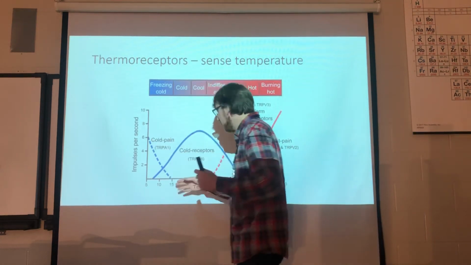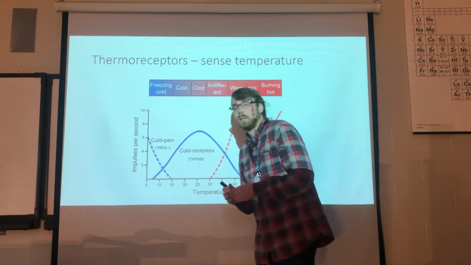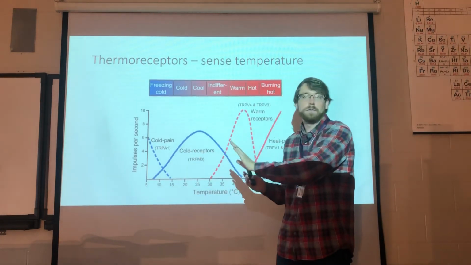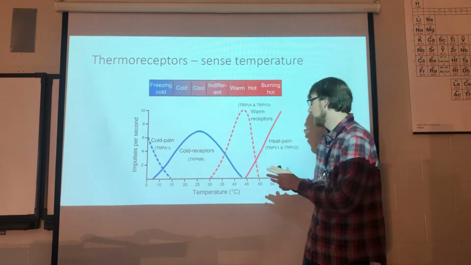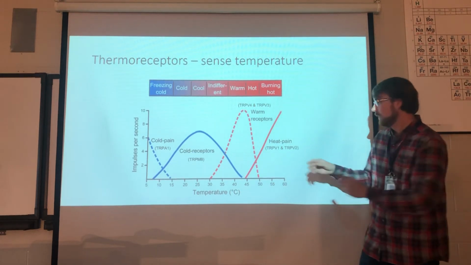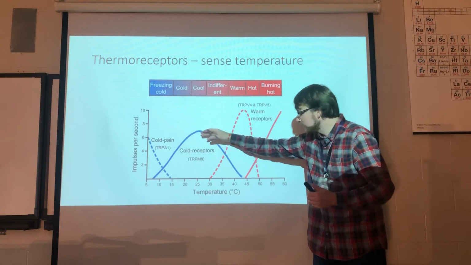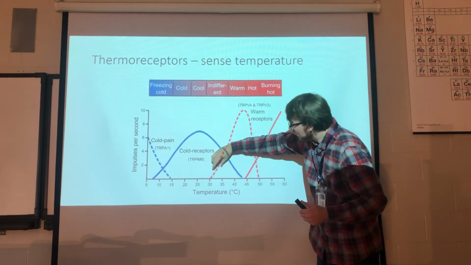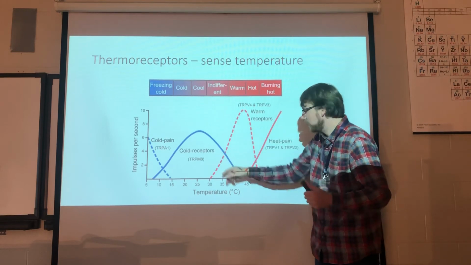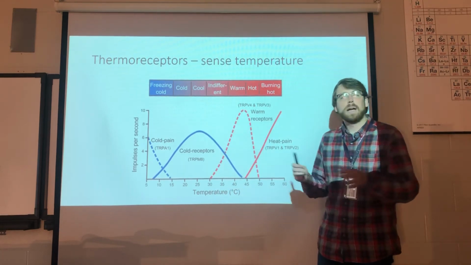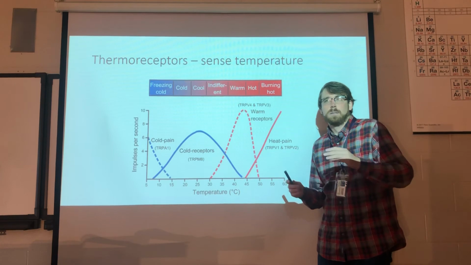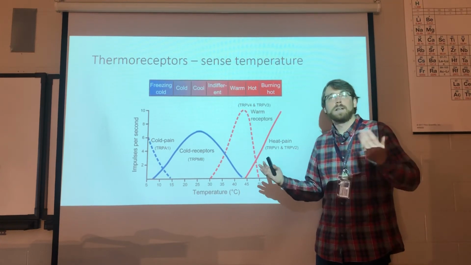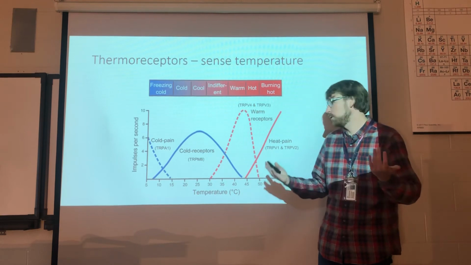Same way, when you start getting down to near freezing, you start to have cold pain receptors turn on. In the middle, you have cold receptors and warm receptors that overlap, 30 C, 35 degrees C, that's right around 70 degrees F, which is probably why we find that to be a comfortable room temperature generally.